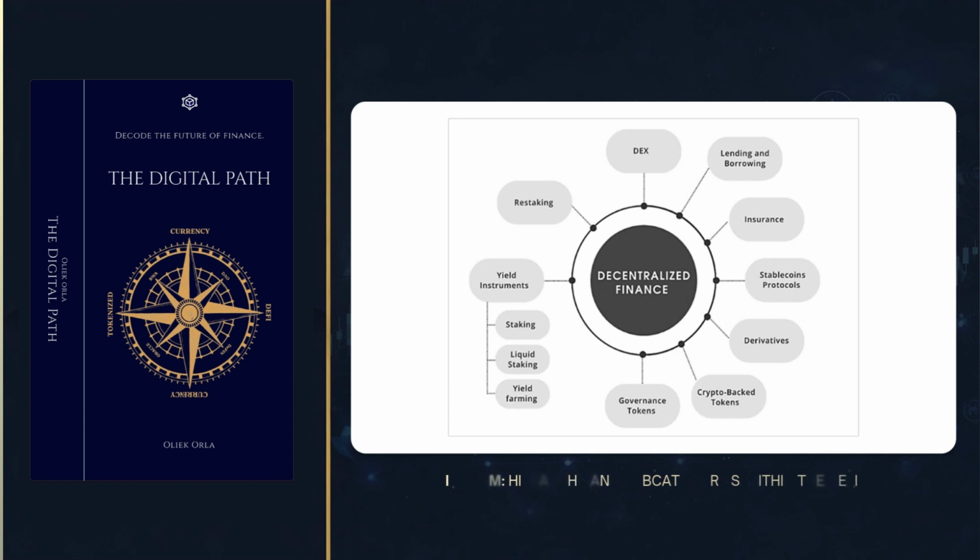Stablecoins. Stablecoins provide price stability in an otherwise volatile crypto market. They are typically pegged to fiat currencies and serve as a reliable medium for transactions, lending, and liquidity provision.